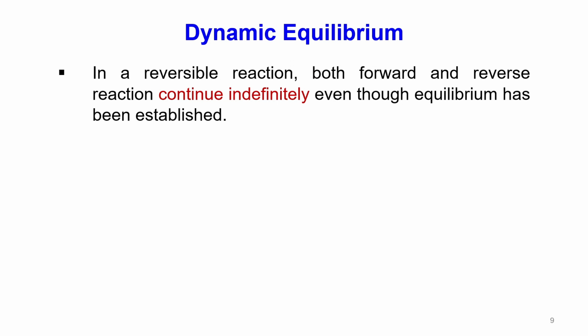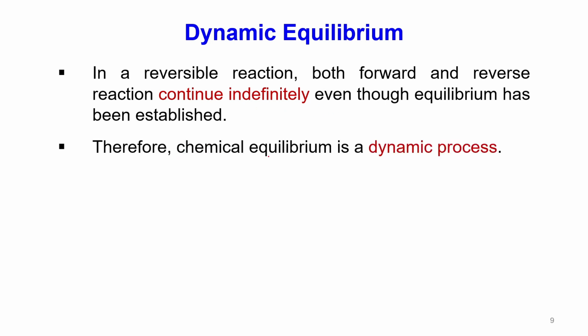So next, dynamic equilibrium. In a reversible reaction, both forward and reverse reactions continue indefinitely even though equilibrium has been established. Dalam tindak balas berbalik, kedua-dua tindak balas forward dan reverse, ke hadapan dan ke belakang, continue indefinitely even though equilibrium has been established.